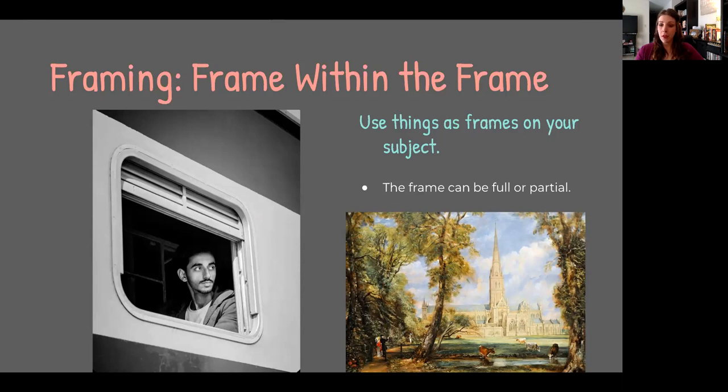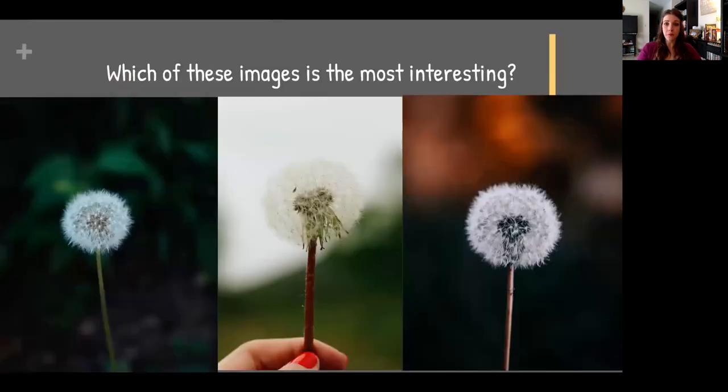Then in the painting on the right side, I see the cathedral because the trees are framing it, and I kind of zero in and focus on the light portion between the dark trees. So that is an example of a partial frame, because the trees are actually cut off at the top of the image, but because they kind of suggest roundness, my brain once again wants to complete that image and make a frame.